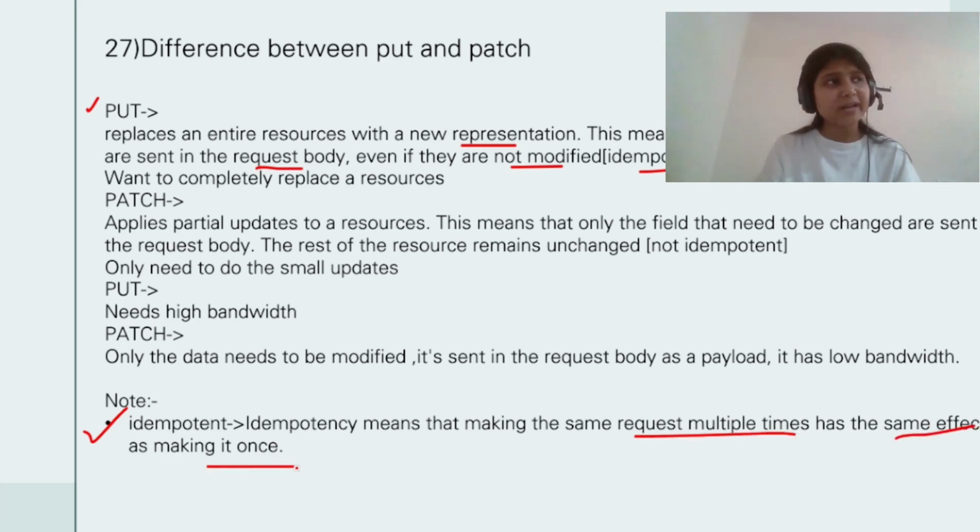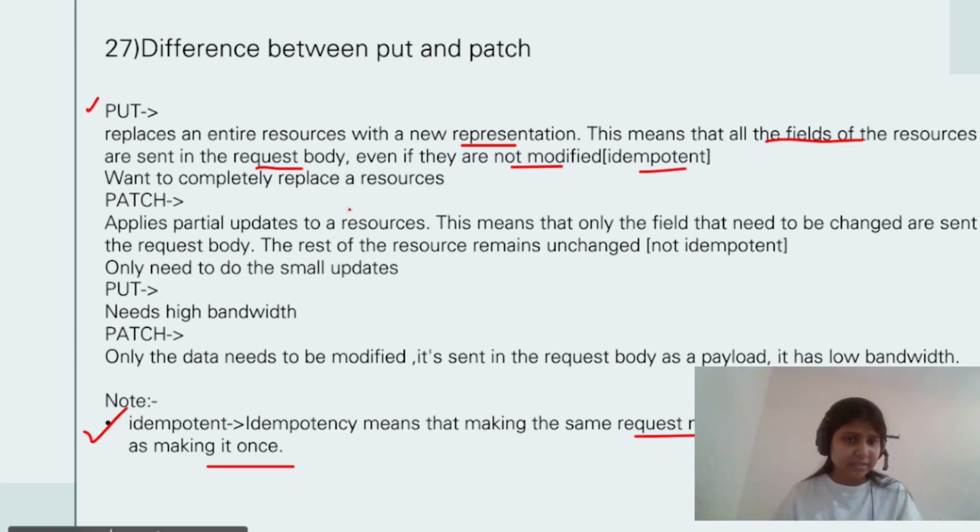Whatever change you make the first time, the same result you will get in your nth request as well. It won't change the resource state when you do the same operation multiple times. So if you want to completely replace the resource, you can go with PUT.